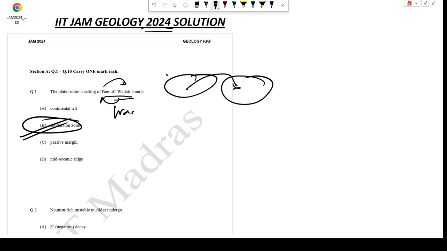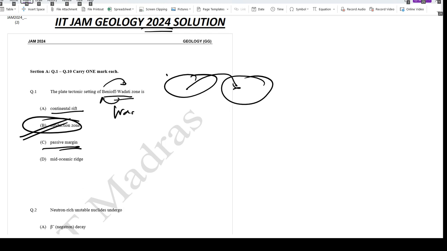When it comes to the other options, a continental rift refers to the place where a continent is being pulled apart, leading to the formation of a rift valley. Option C, the passive margin, refers to the transition between the oceanic and the continental lithosphere, that is not an active plate boundary.